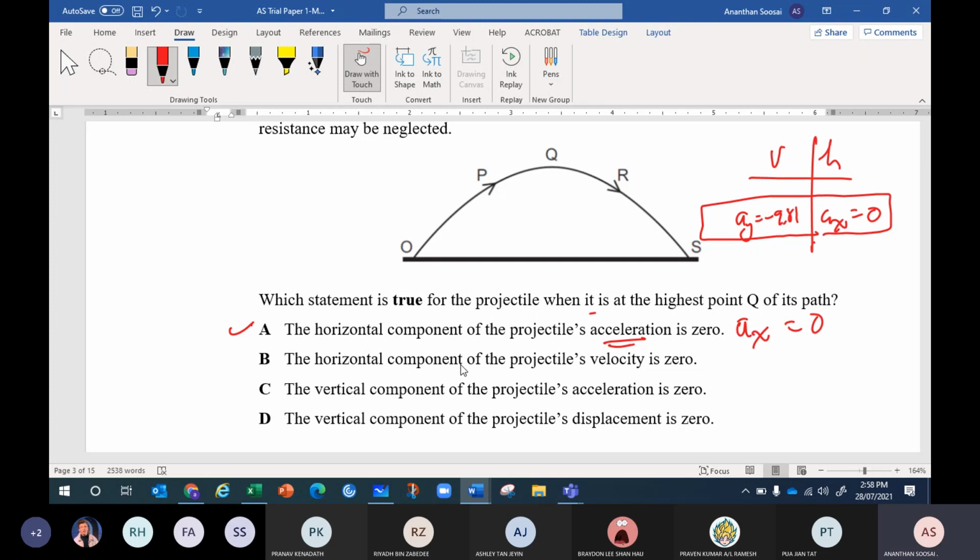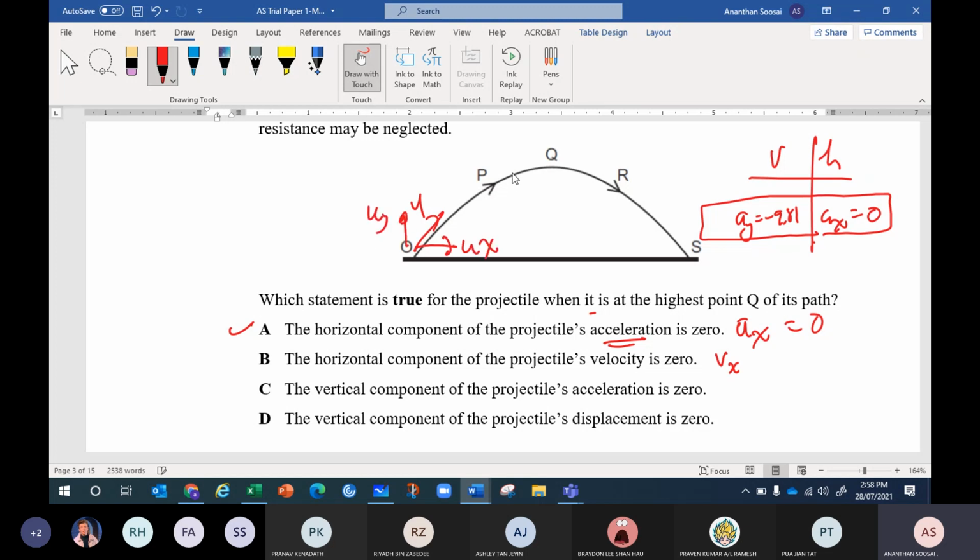So B, the horizontal component of the projectile velocity is 0. They're talking about the Vx. Is it 0? This is your U, you get UX and UY.